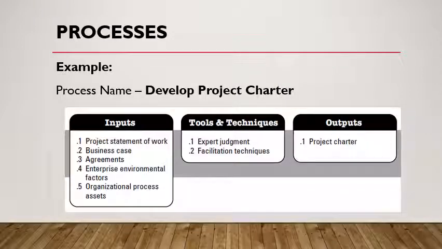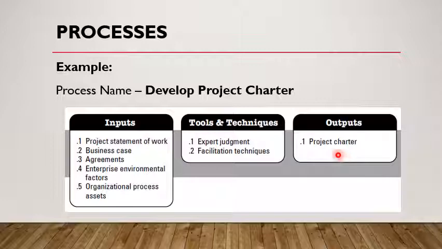This shows a sample of a process. The process name is Develop Project Charter. As we know, each process has 3 elements, that is inputs, tools and techniques, and outputs. The inputs for this process named develop project charter are project statement of work, business case, agreements, enterprise environmental factors, and organization process assets.